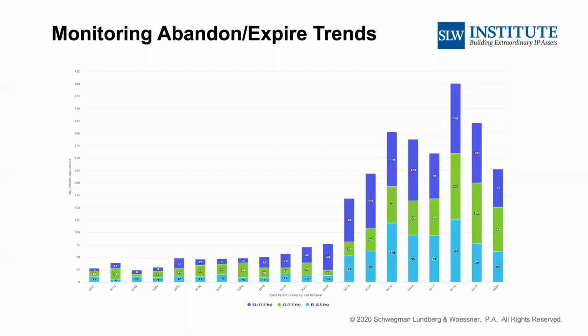Yeah, I'm a fan of looking at abandoned and expired patents because I think it can say a lot with respect to product life cycle. And that can go back to strategy, where if the product life cycle is 5-8 years, is it really worthwhile spending a fortune on patent procurement?